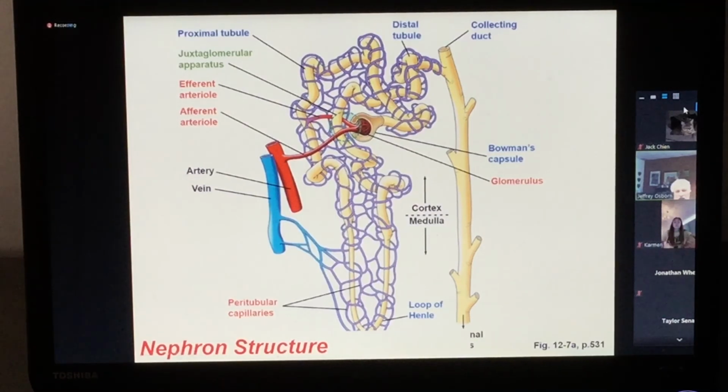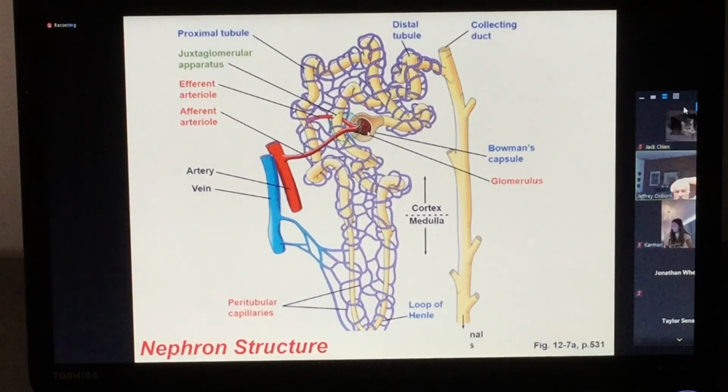Now, many nephrons will dump into a single collecting duct. But each human kidney has about 1 million glomeruli and nephrons.